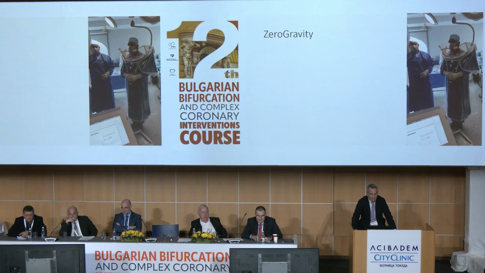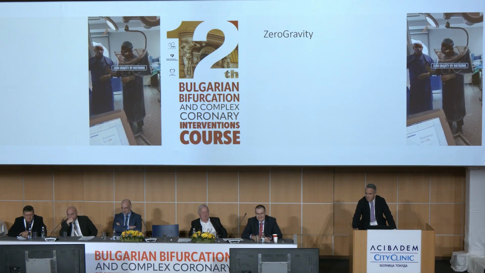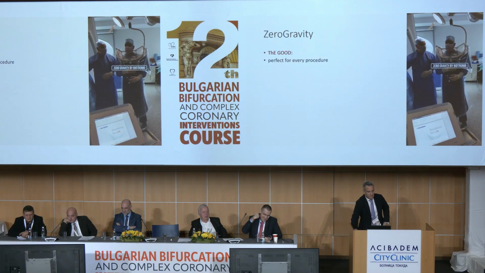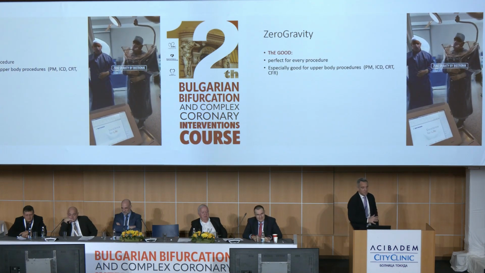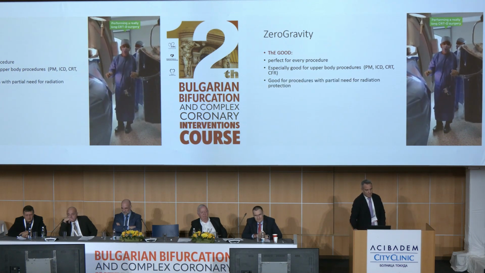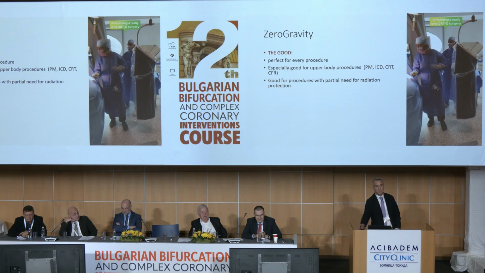And what about zero gravity? You can see here a movie. I don't know if you hear something, but the good thing is that it's perfect for every procedure, especially good for upper body procedures, so pacemaker, ICD, CRT, and good for procedures which need partial radiation protection.